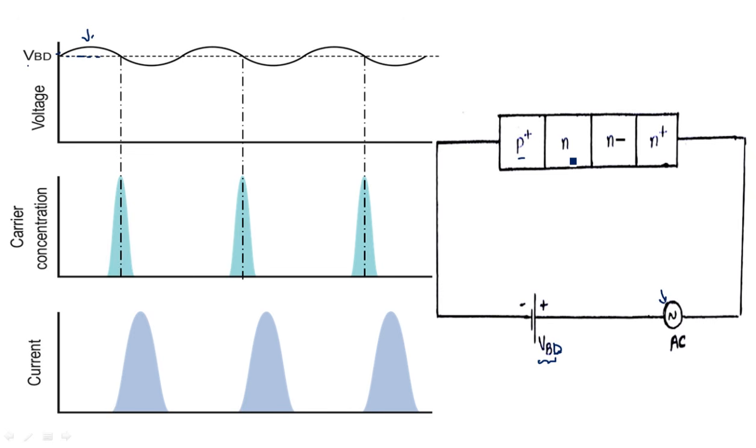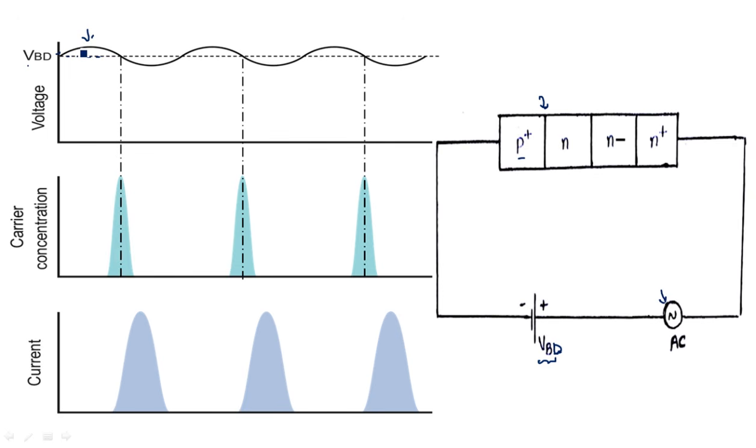Because of the application of the AC signal, during the positive cycle, that voltage and this voltage add up, and the diode has more impact on the avalanche process. So charge multiplication of charge carriers is more in this particular region.